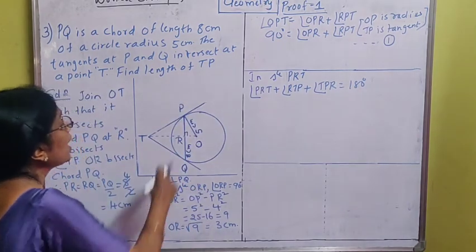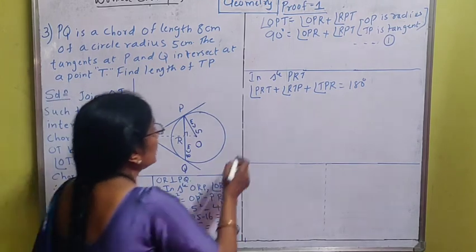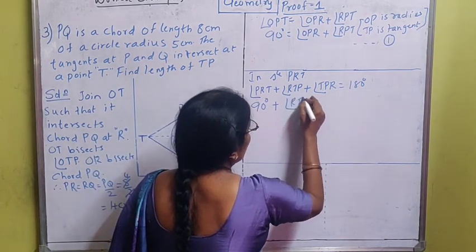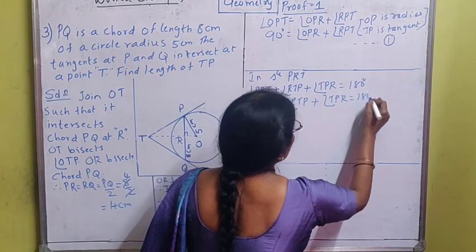Just now I told you angle PRT is 90 degree, so I will substitute the value of angle PRT. We get 90 degree plus angle RTP plus angle TPR is equal to 180 degree.